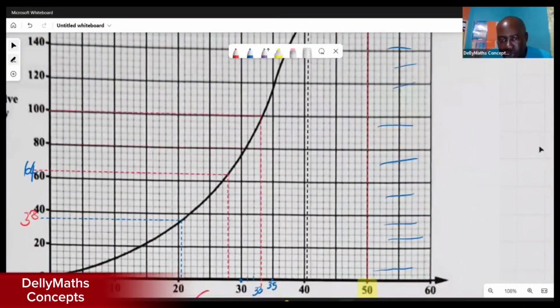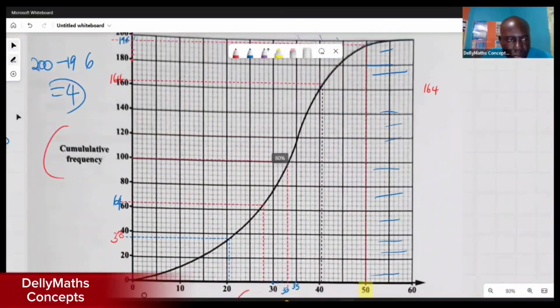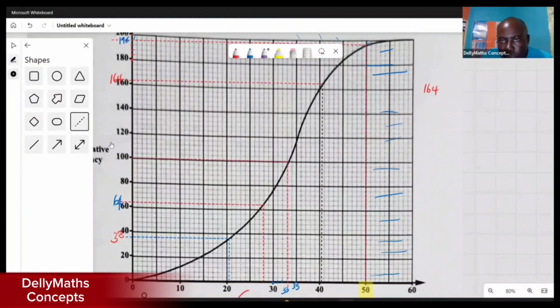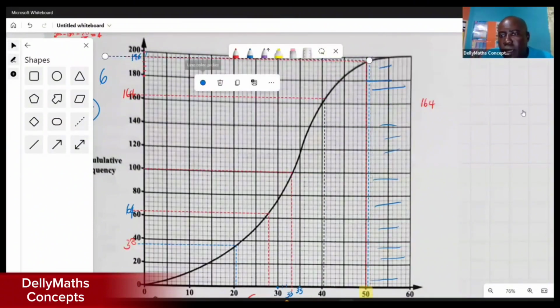I have to go for 50.5. Looks like 196. Yeah, I'm getting 196 for this.